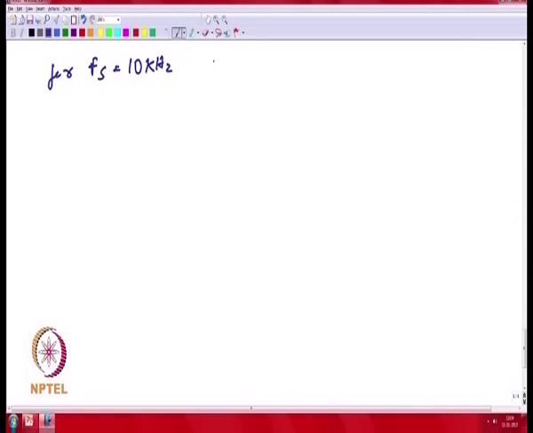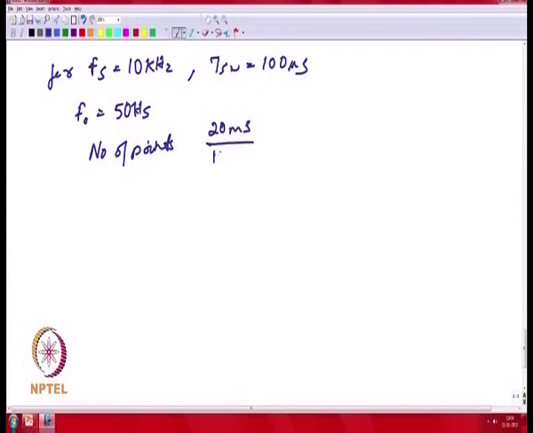For a switching frequency of 10 kilohertz, your TSW is 100 microseconds, and your fundamental frequency is 50 hertz. So the number of points per fundamental is 20 milliseconds by 100 microseconds, which would give you 200 points.